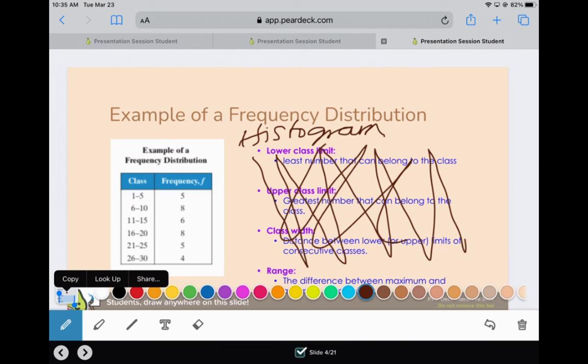I'm going to put the instruction in the chat, just in case you got confused. Go to slide 4, use that table to create the frequency histogram, which is the bar graph. Then email me your work, and then I will enter that grade tomorrow, okay?